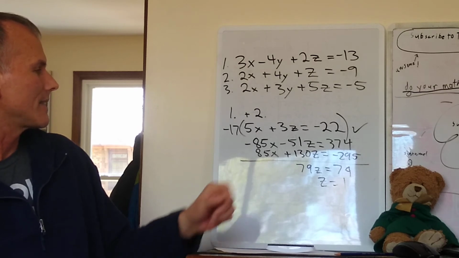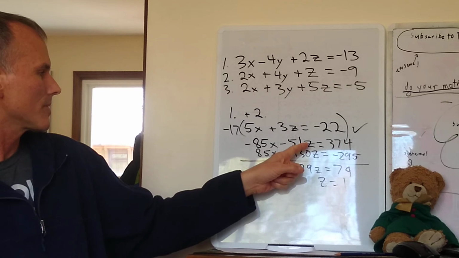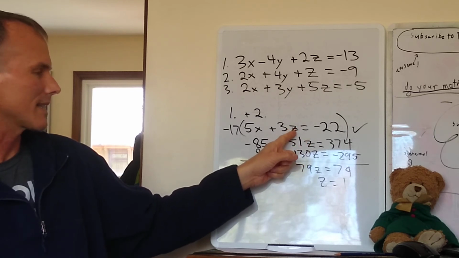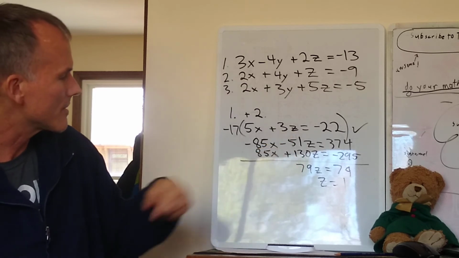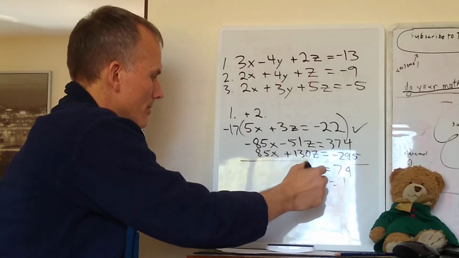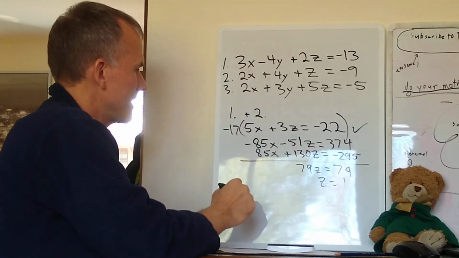One thing I noticed is that I can take that value of z and substitute it in for z here, or even up here, and these are easier numbers to work with. So I'm going to substitute this value for z into that equation, without multiplying it by negative 17.